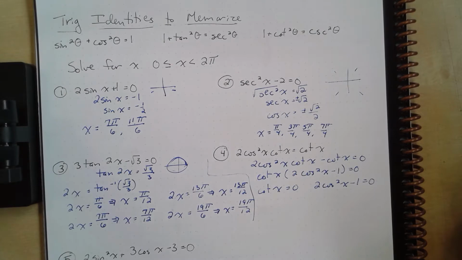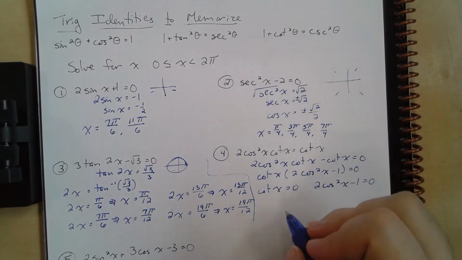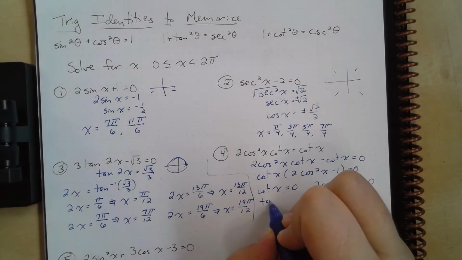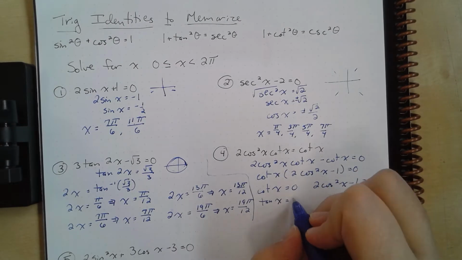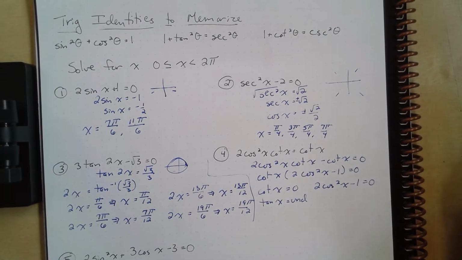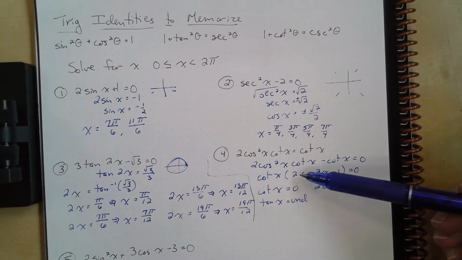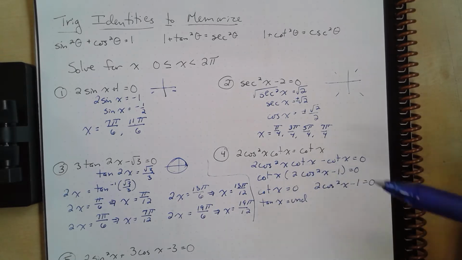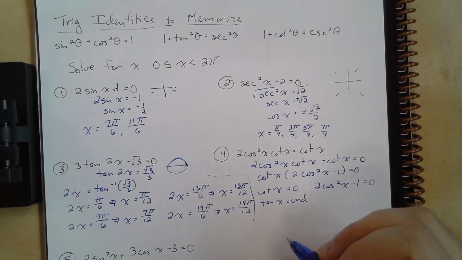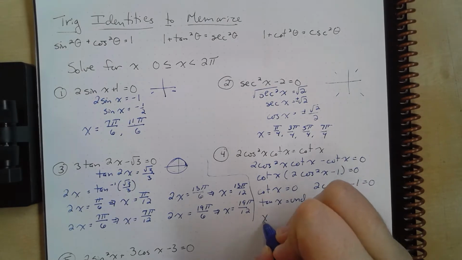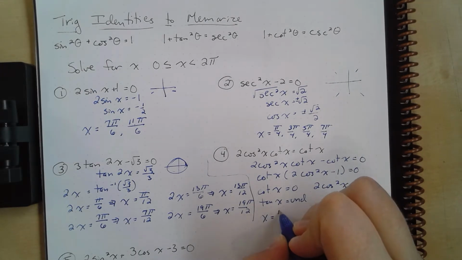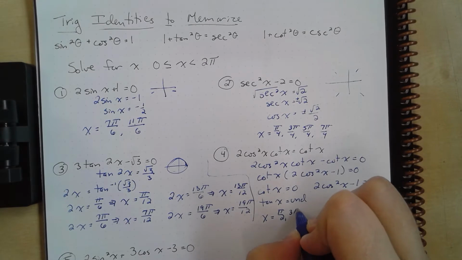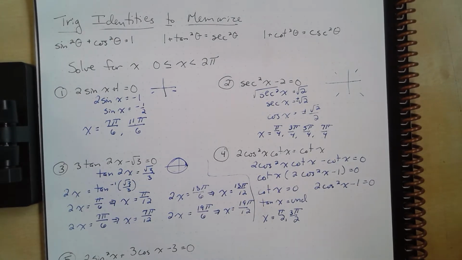If cotangent of x is equal to 0, then the tangent of x is basically going to be undefined, right? Because if I have 0 over 1 and I invert that, it's going to be 1 over 0. So where is the tangent of x undefined? Well, the tangent of x is undefined when x is equal to pi over 2 or 3 pi over 2.